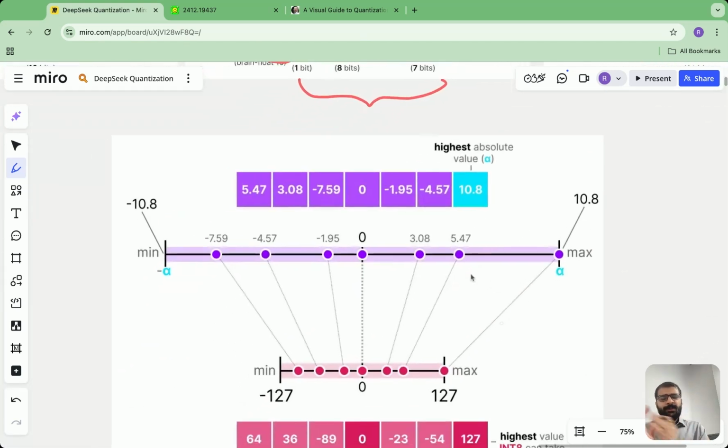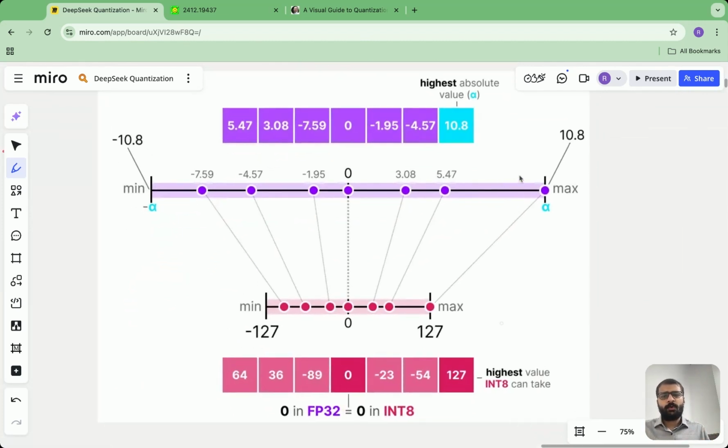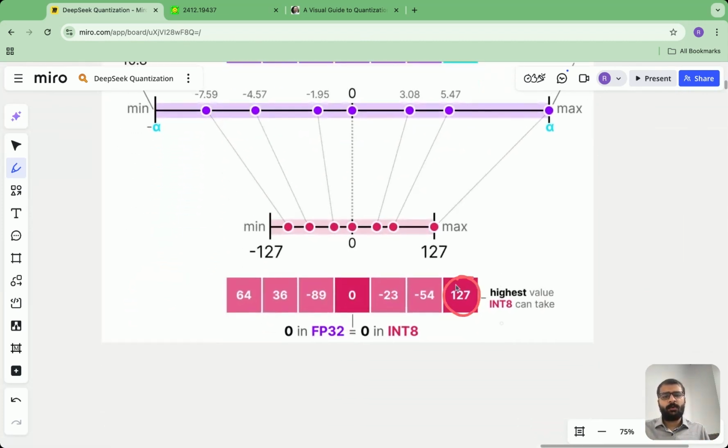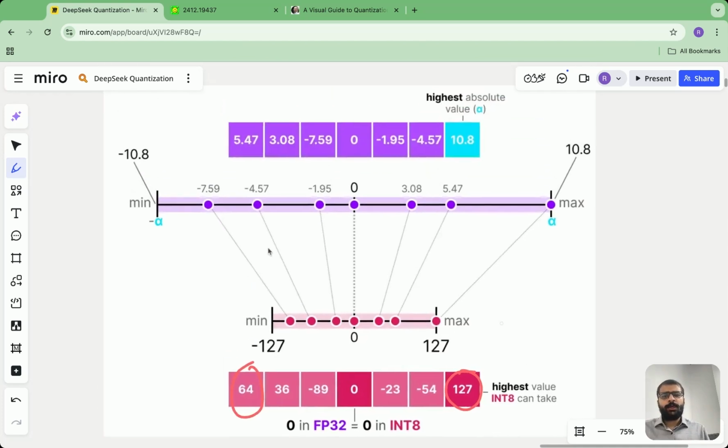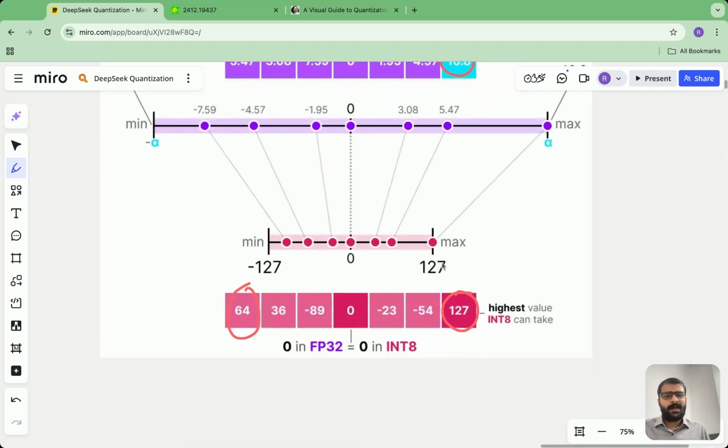One more concept which we'll see when we come to fine grained quantization is that when you want to quantize and go from a floating point 32, let's say, to an integer 8, what you do is that if you have a sequence of numbers in floating point 32, you divide all these numbers by the highest number, in this case 10.8, and then you multiply it by 127.